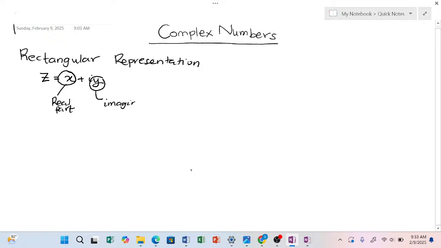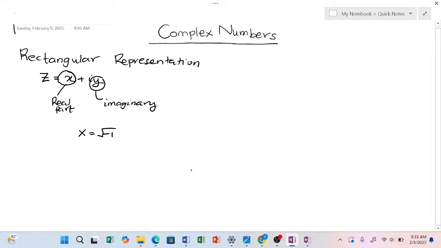So in senior high school, you realize that when we are solving for the roots of a quadratic equation and we have something like x is equal to square root of -1, we say it does not exist. That is the senior high school mentality.